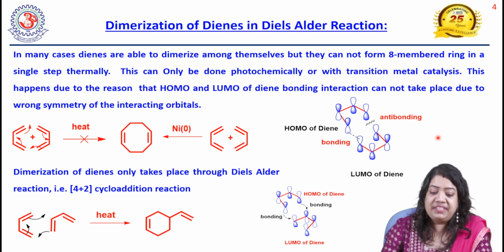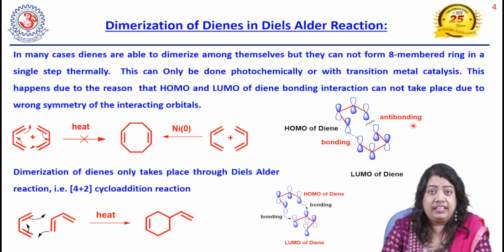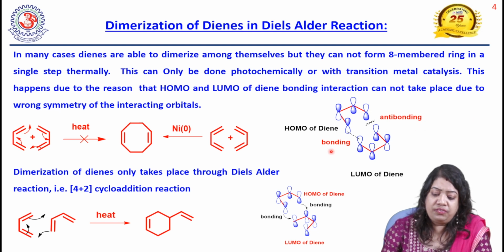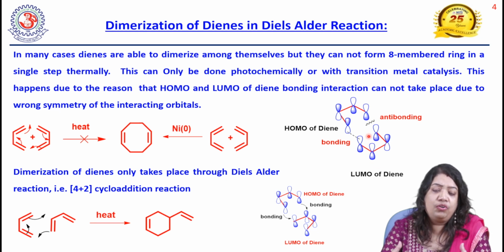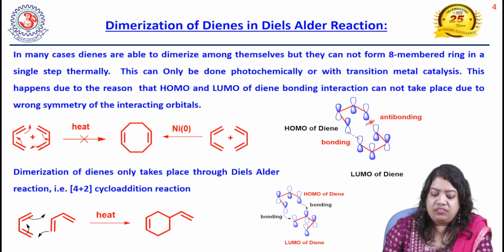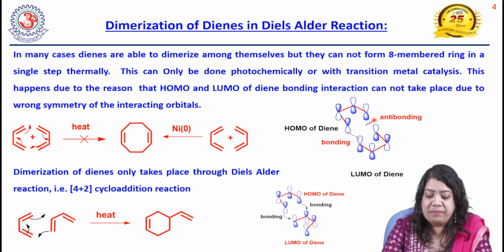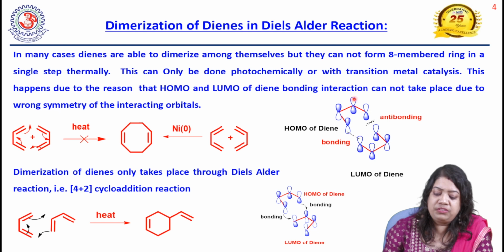But this dimerization does not take place to give an 8-member ring, because to form this 8-member ring, the HOMO and LUMO of the diene have to combine together. But here orbital symmetry does not match to give a bonding interaction if we consider supra-supra overlap.